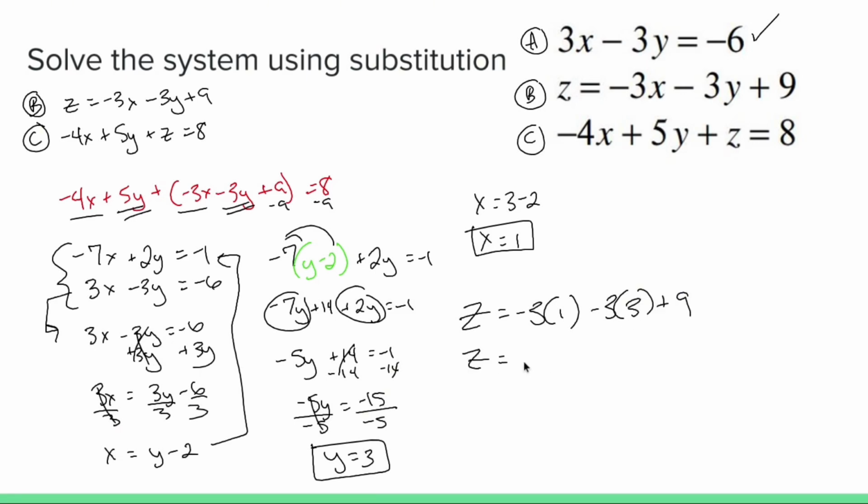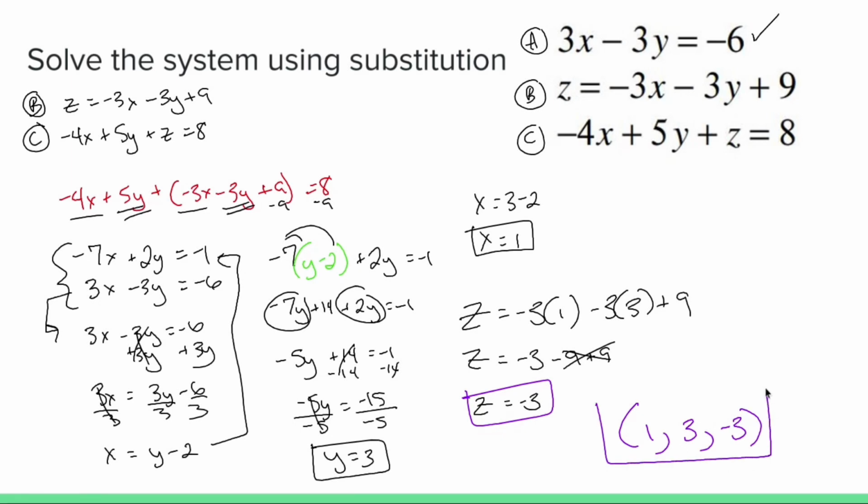So z is going to equal negative 3 minus 9 plus 9, so these will cancel each other out, and z is going to equal negative 3. Putting it all together, my x was 1, my y was 3, my z was negative 3. That's my guy. So solving a system by substitution, not the prettiest thing in the world, lots of work here, but boy did I have a lot of fun.